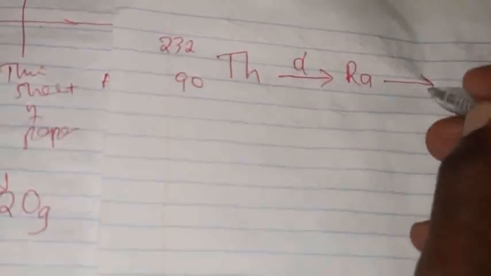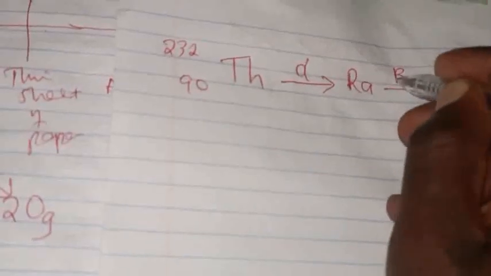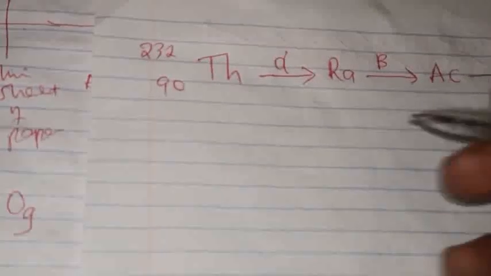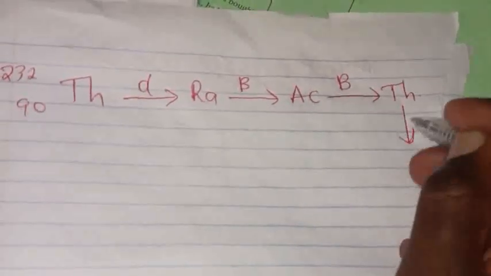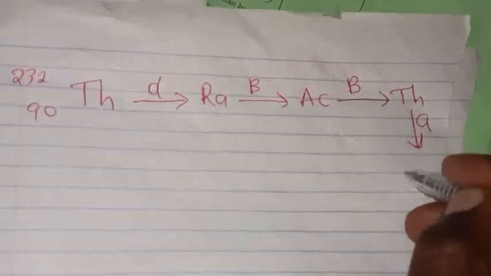If it further emits a beta particle, it can form actinium. If it emits a beta particle, it can form another thorium. If it emits an alpha, it forms another radium.